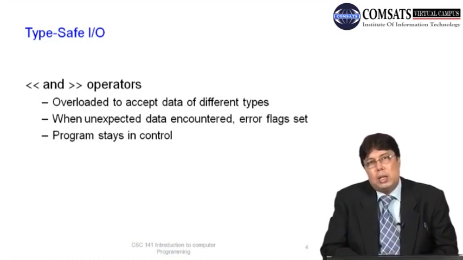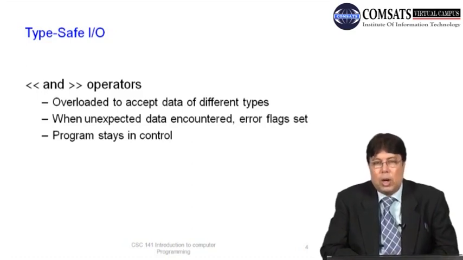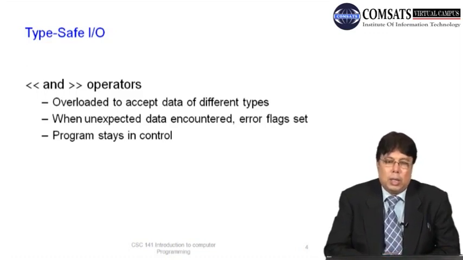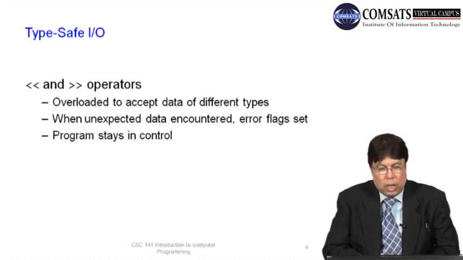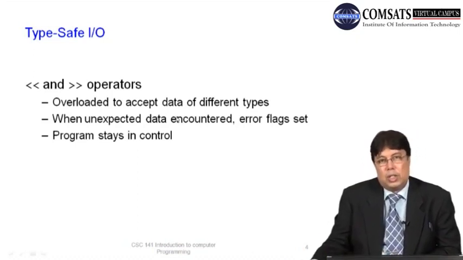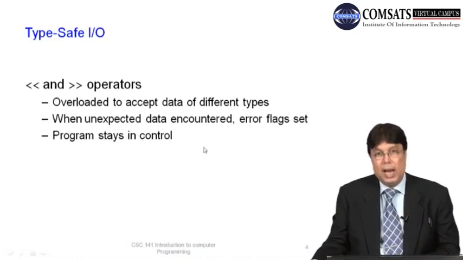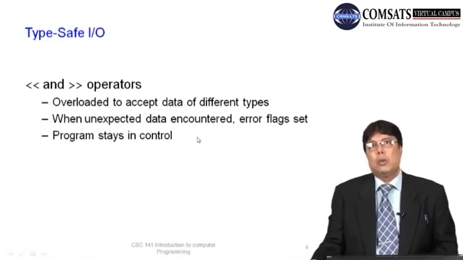The program does not terminate. Otherwise, if the system is expecting an integer and you type a decimal number, then it might give an error message, and this error message might terminate your execution. But with type safe, it stays there and allows you to handle whatever data you have entered.